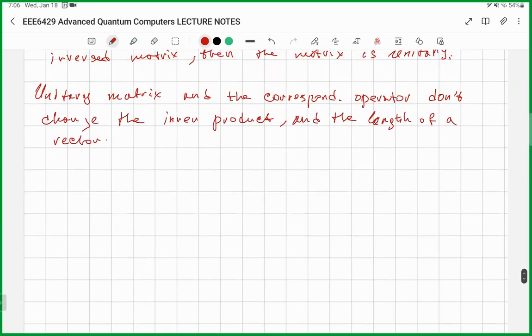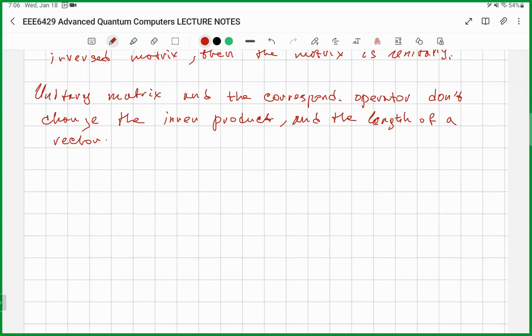Yeah, so any arbitrary matrix corresponds to some linear transformation of a vector, and this transformation consists of rotation of a vector and changing its length, right? It's either scaling down or scaling up.